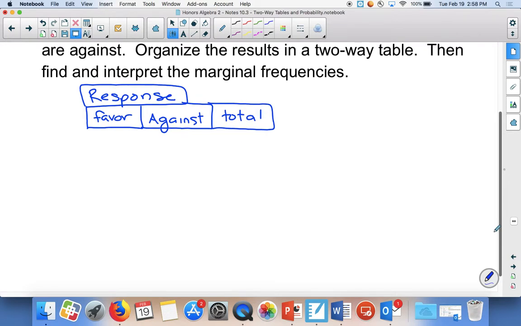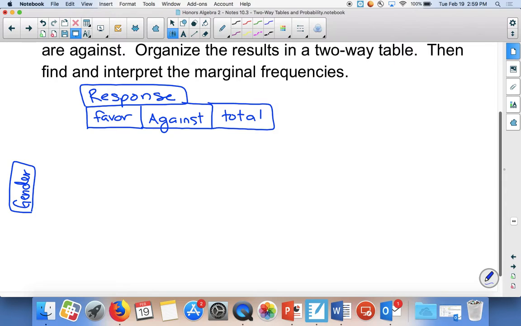Okay, so then over here, I'm going to write sideways, we'll see how this goes. Here's your gender. Okay, you understand the response and the gender are just your titles of the rows and the columns. You don't necessarily have to have those in boxes, but you do need the titles.